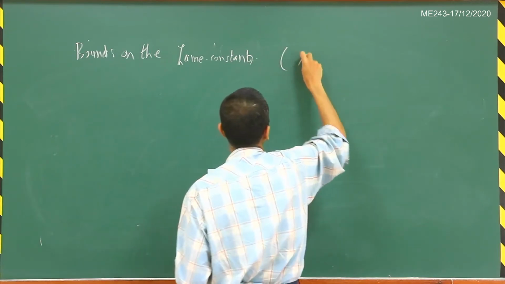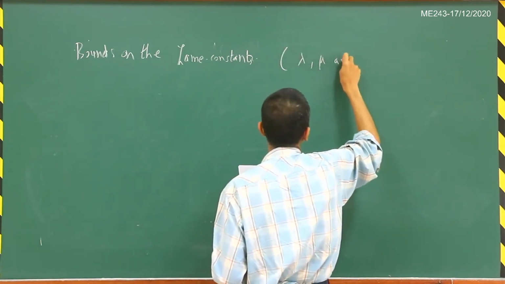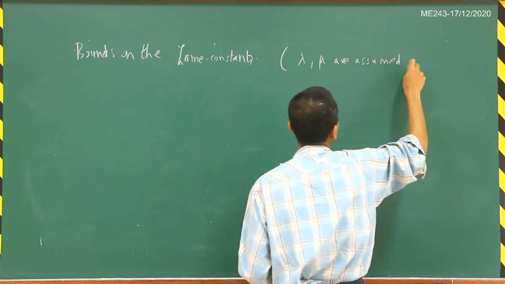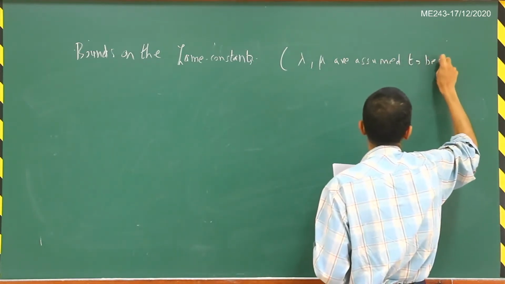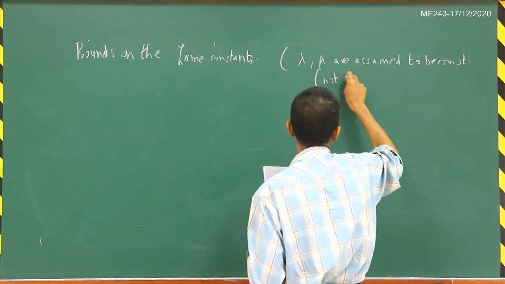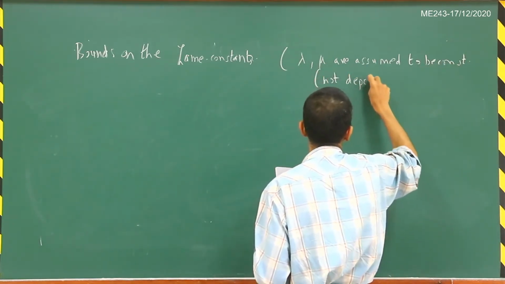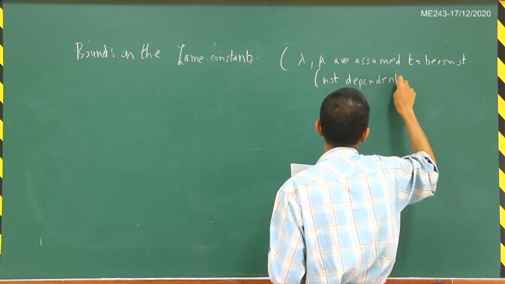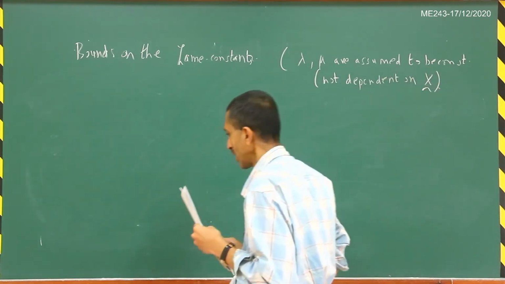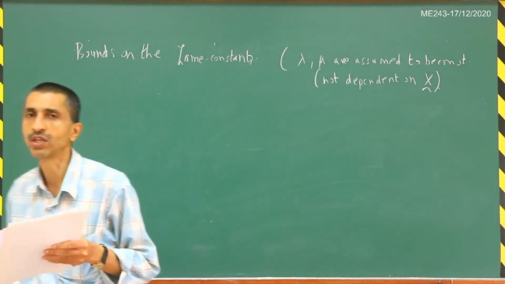Where lambda and mu are assumed to be constant. So that means not dependent on x also. That means you are assuming that the material is homogeneous also, right?